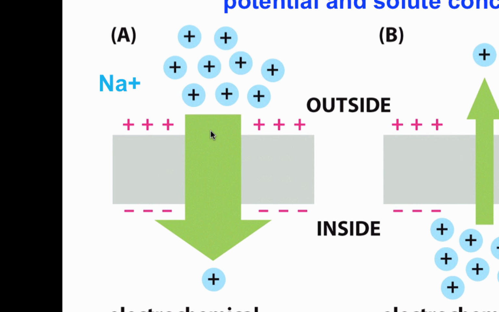Here, that is illustrated by a strong green arrow, indicating that the sodium ions are going to be driven to move inside of the cell with a lot of force. So when voltage and concentration gradient work together in the same direction, the electrochemical gradient is very strong.